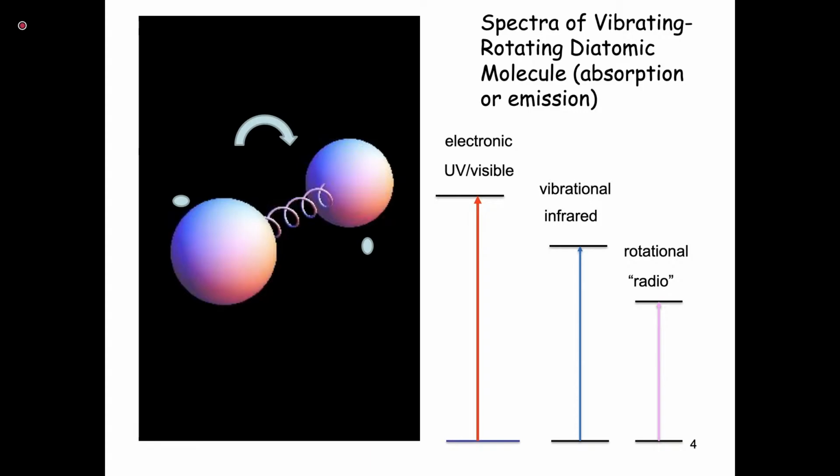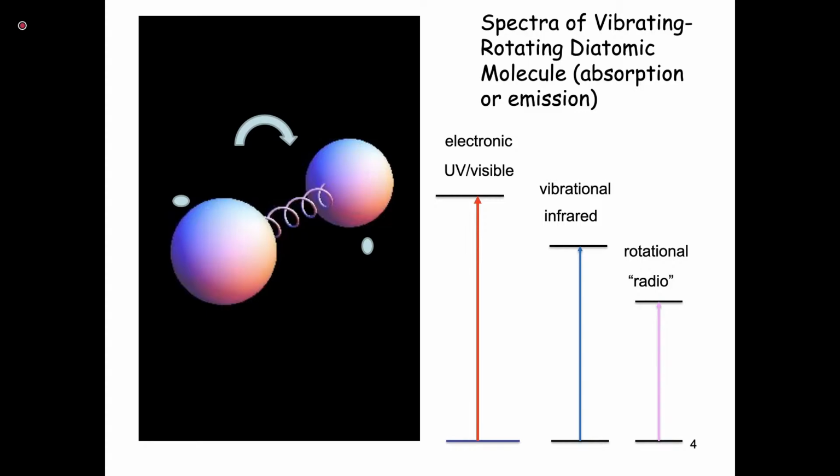And to make life simple, we're just looking at one diatomic molecule. There are many molecules in these clouds, much bigger than diatomic ones, but this is a good picture, I think. It shows the three types of spectroscopy that astronomers or astrochemists use.